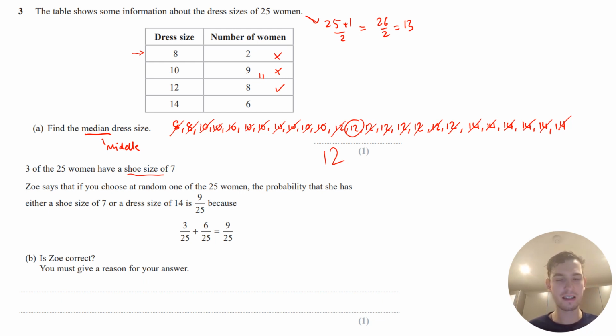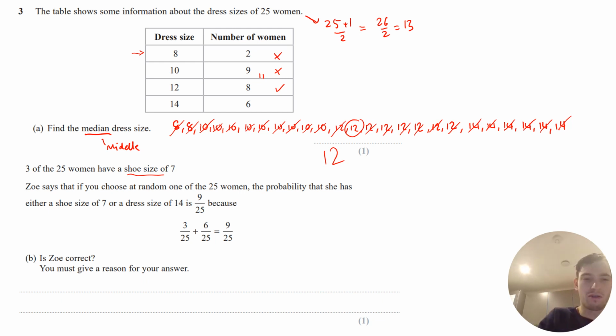And the reason is, if you think about the women here, they could have both a shoe size of 7 and a dress size of 14. So if you add them, then you're double counting a woman that has both of those things.